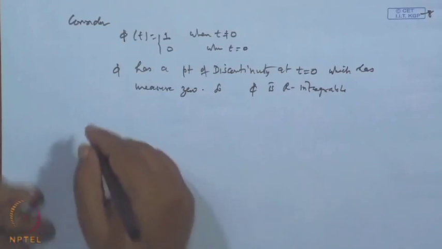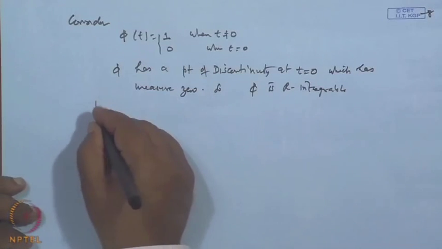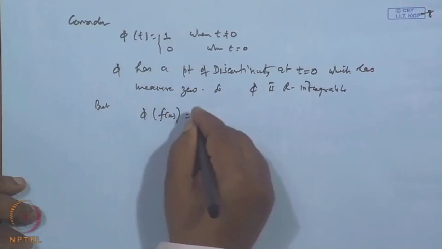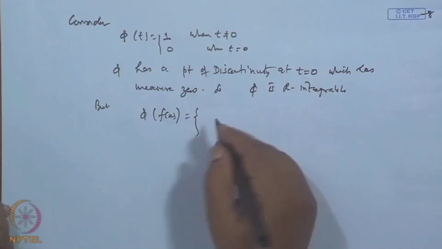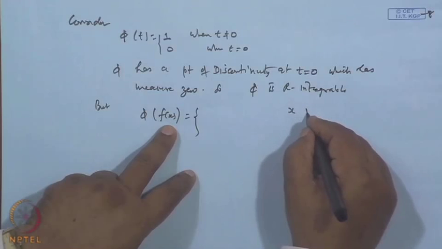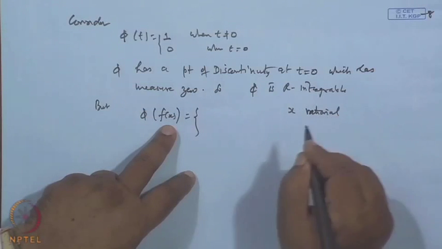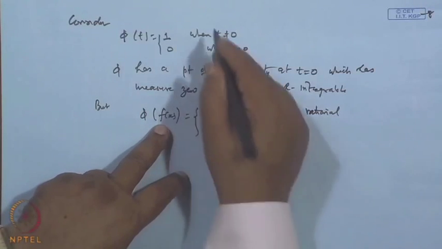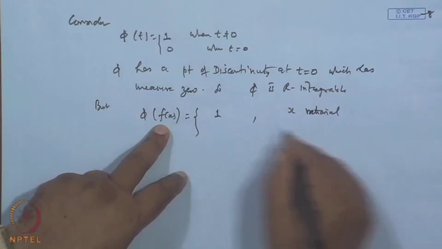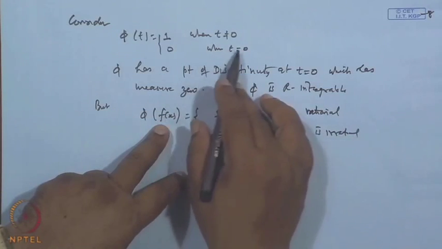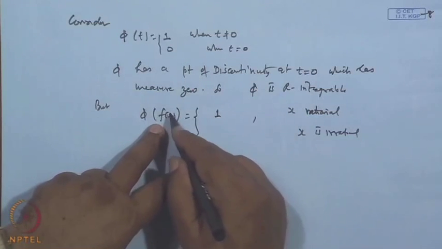Okay. Therefore, what is phi of f(x)? If I take it, then what will this value be? When x is rational, the value of f(x) is non-zero, so according to this it will be 1, and when x is irrational, f(x) is 0, so the value of the function is 0.